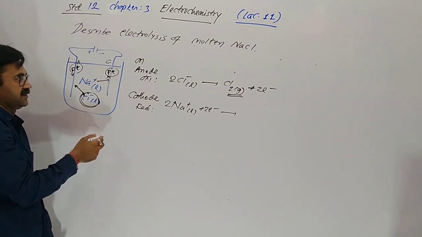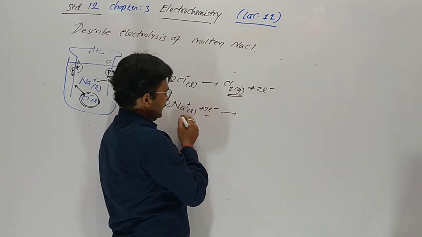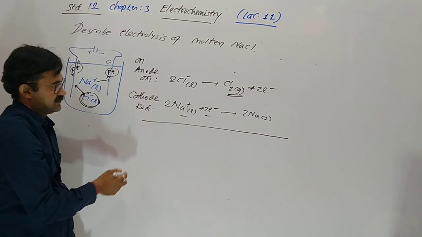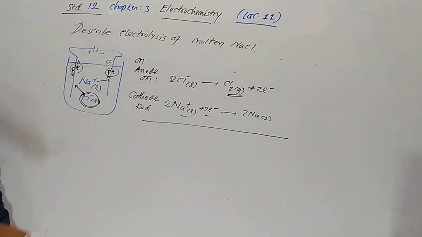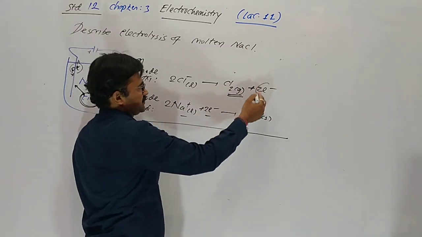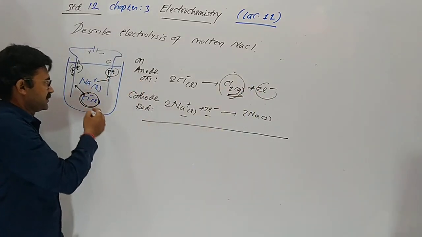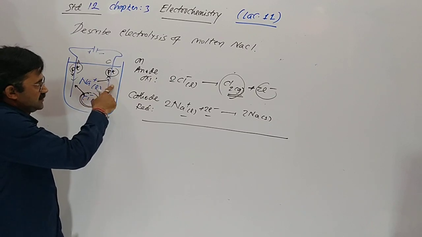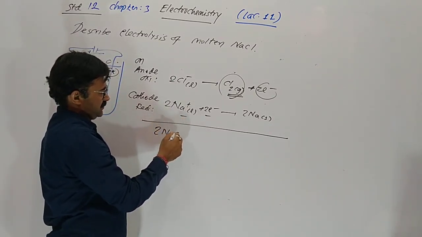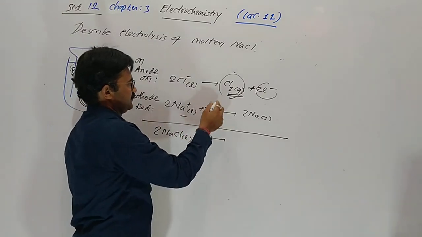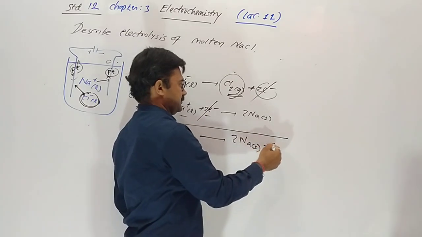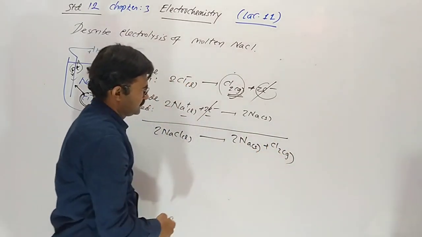The reaction occurs on its surface. 2 Na plus gains 2 electrons, so it gives 2 Na solid. 2 chloride ions go to platinum and release 2 electrons and give chlorine gas. Oxidation occurs, Na plus goes to the cathode, so the actual reaction is 2 NaCl liquid gives 2 moles of sodium and Cl2 gas.